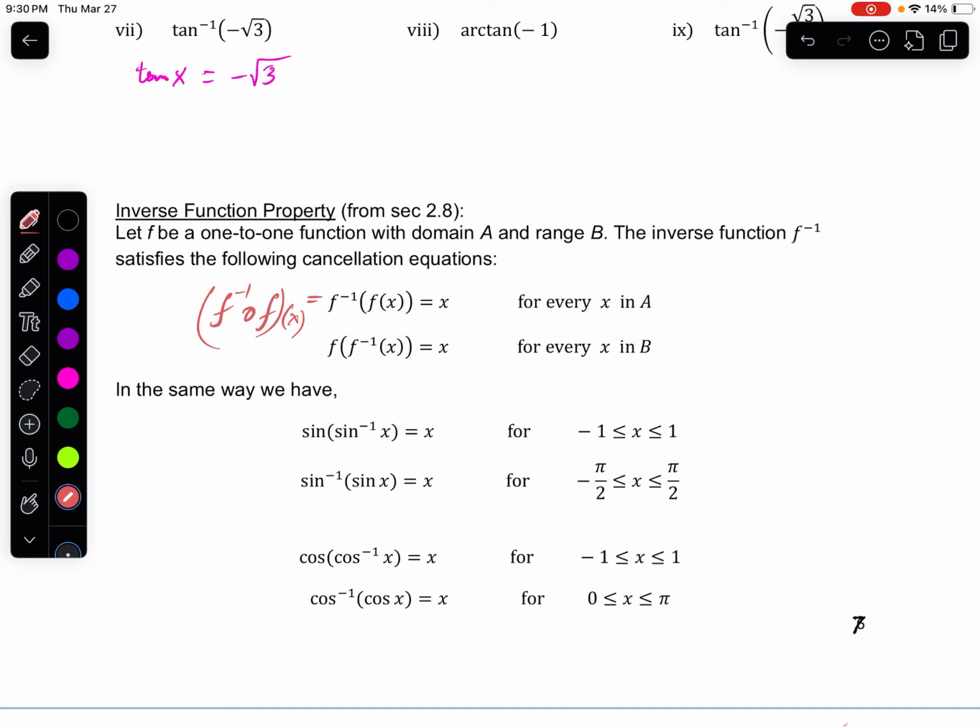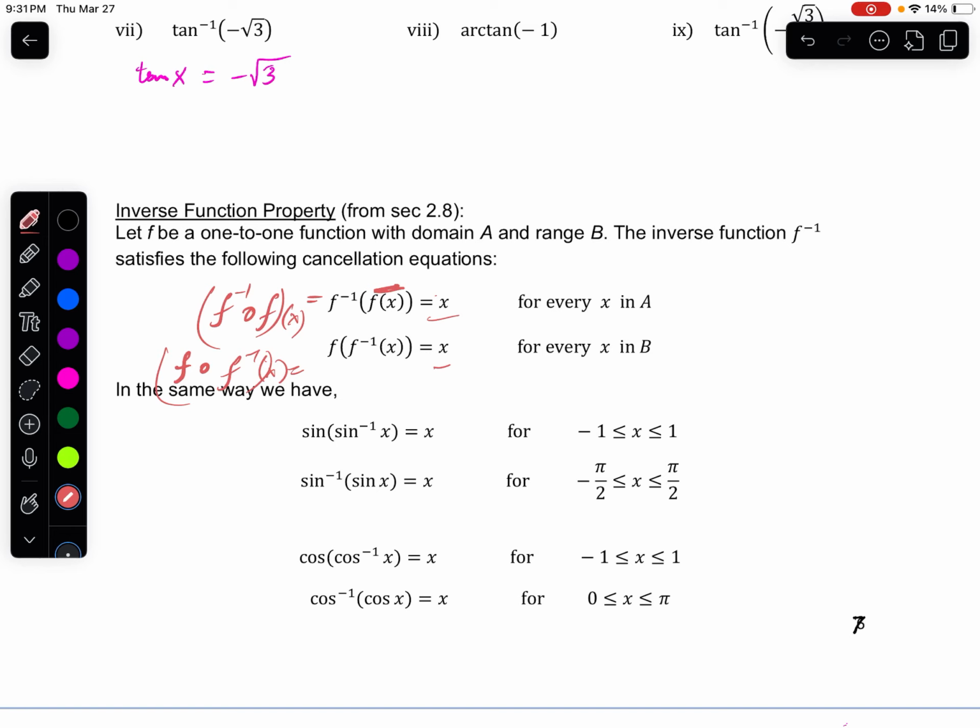In the same way, if we have first f and we compose it with f inverse, it will give us back x. And these x's have to be in the domain. They will give you back x if and only if the x is in the domain of this inner function.